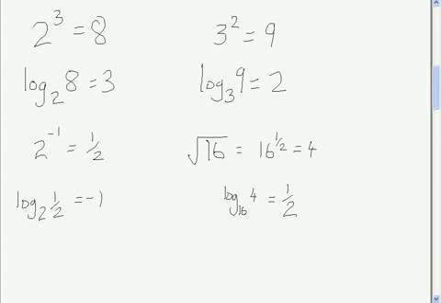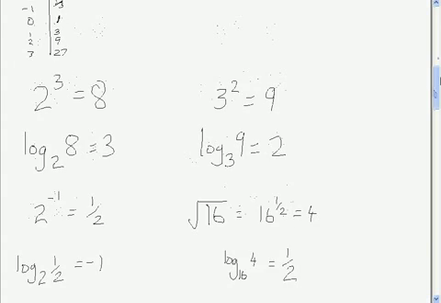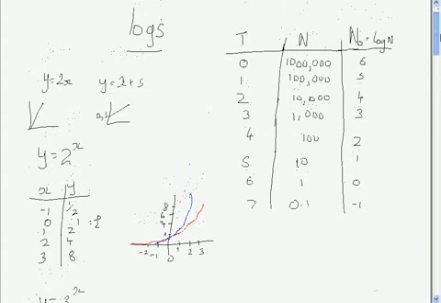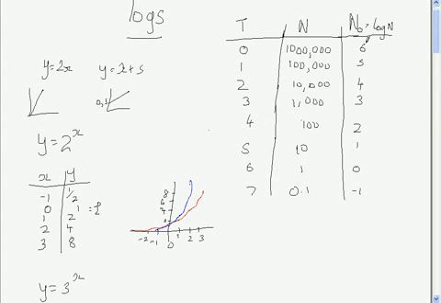Okay, now we'll go back to this table and see how we've got these results here. If you look at your calculator, you have a log key, and on that log key, if you press log first and then you press 100, you'll get a result of 2.